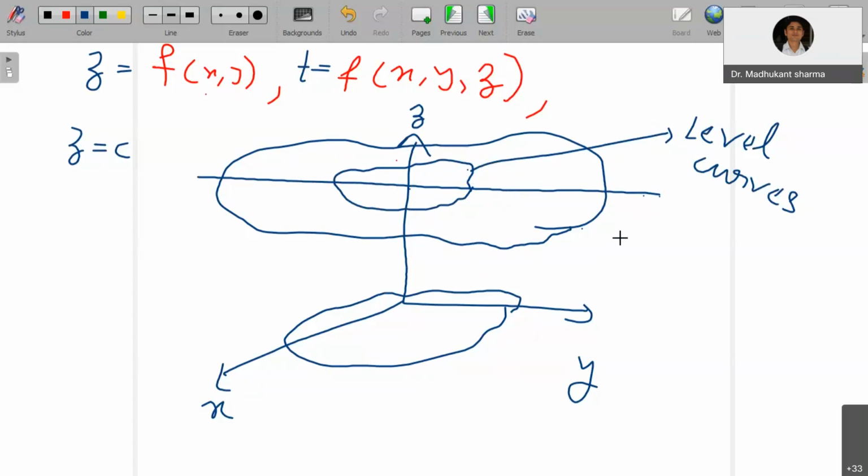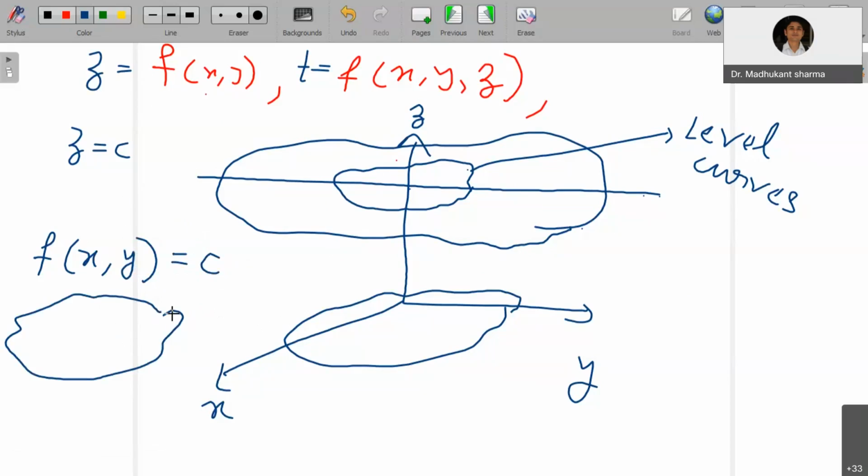If you cut the surface by z equals c, it means you are trying to identify the points in the domain over which f of x, y equals a fixed constant c. Once you do that, that will identify a curve in the surface. That will be known as a level curve.